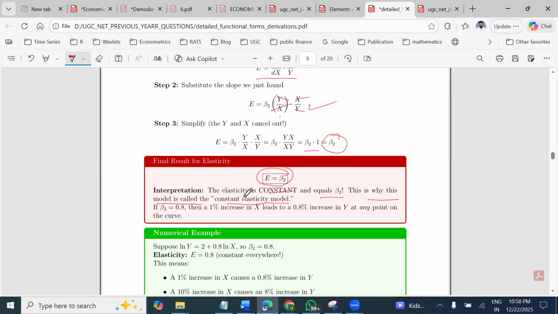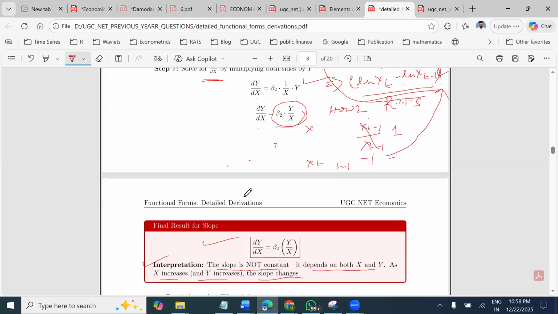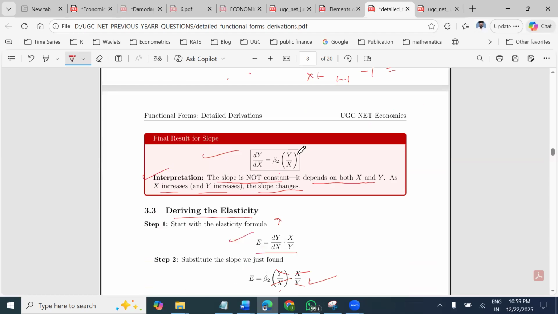Because this is a very important model, if you get confused that dy by dx, which is beta 2 into y upon x, sounds like an elasticity, then there will be a problem. This is not the elasticity, this is the slope of a log-log model. Is it clear?